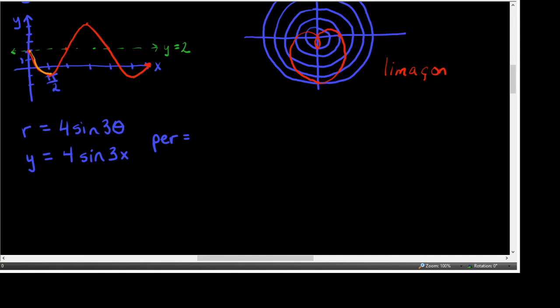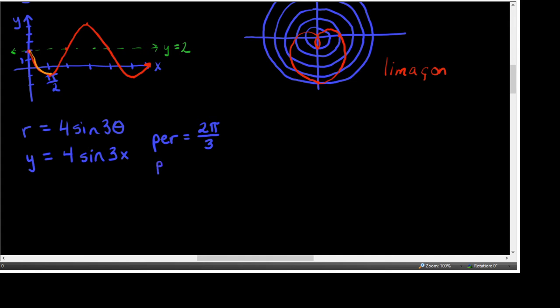But the formula to find the period of a sinusoid is to take the normal period, which is 2 pi, and divide it by the absolute value of the number in front of x, 3. And the absolute value of 3 is 3. So the period of this function is 2 pi over 3.